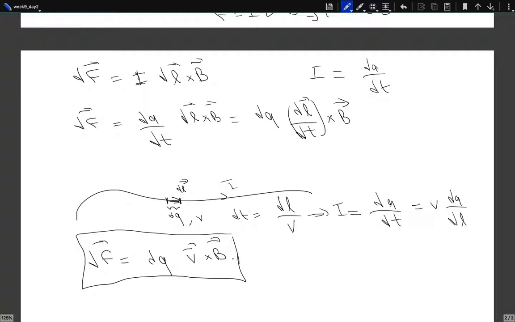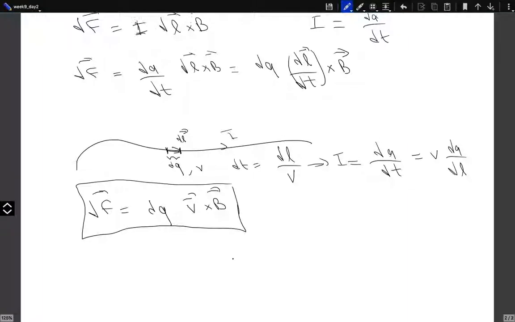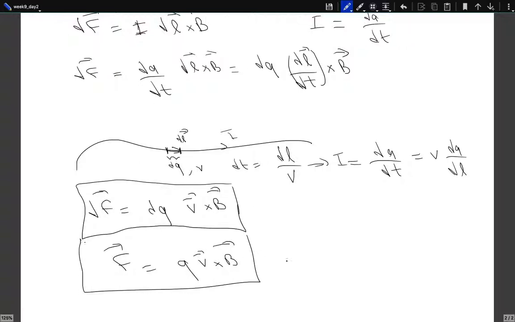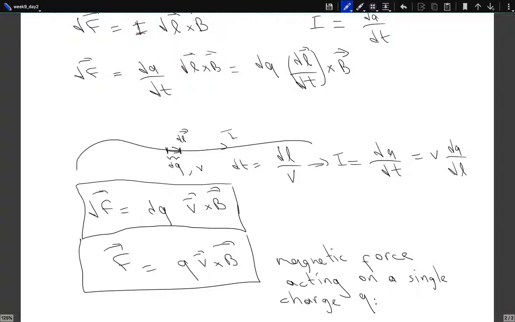If we are looking for the force per single charge, F would be just whatever the charge of that single charge is, Q, v cross B. So if you have a single charge moving in the presence of a magnetic field, this will be the force that that single charge will feel, not necessarily on a wire.